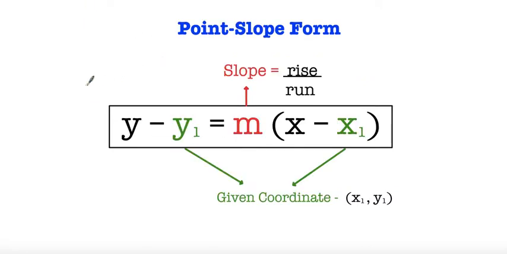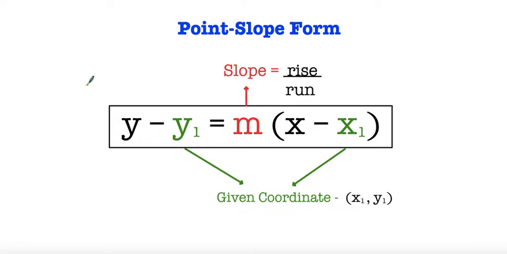So the point-slope form, here there's a lot that we're familiar with. Point-slope form is represented by y minus y sub 1 equals m times x minus x sub 1. Here in green we have y sub 1 and x sub 1, which is going to be our given coordinate.